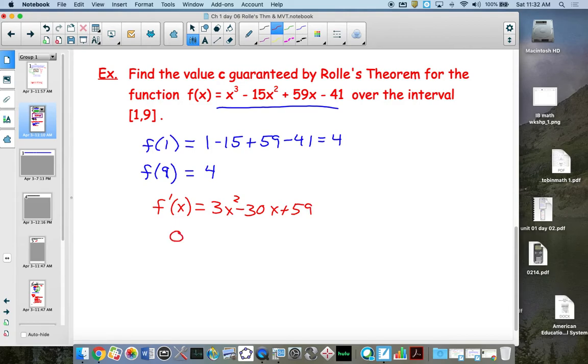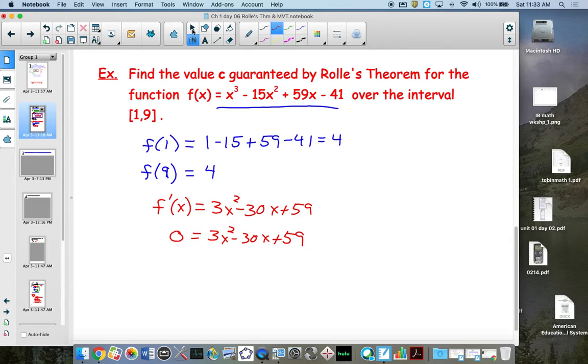Set that equal to 0. Alright, so we've got a quadratic. Can it factor? Let's see, 59 is prime. So I think we're going to wind up having to use the quadratic formula.